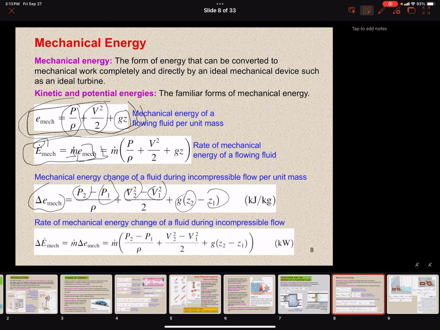The rate of the mechanical energy change of a fluid during incompressible flow will be the change of the mechanical energy, the whole thing, multiplied by the mass flow rate.